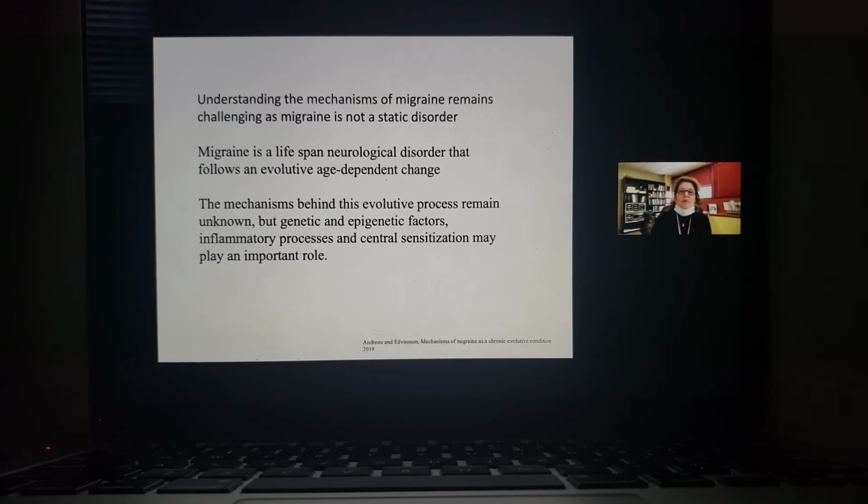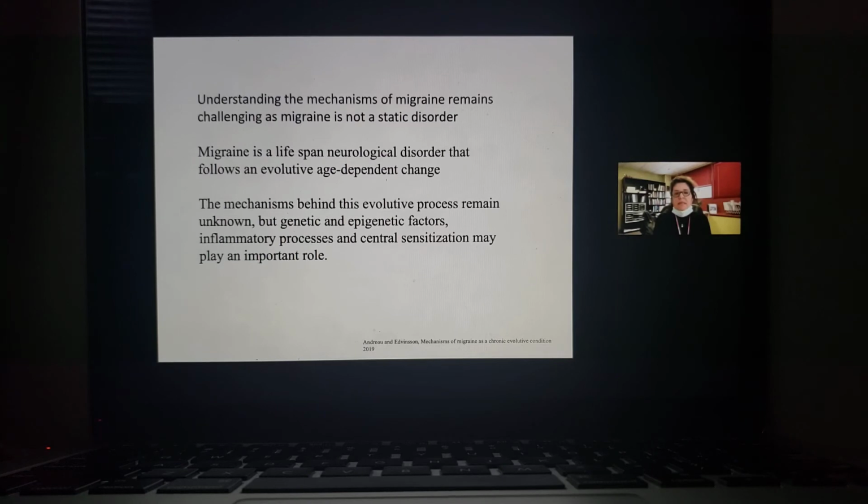But when we try to talk about what causes a migraine, it's really a neuroinflammatory process and an increased central sensitization that the individuals experience and are exposed to, and that's why they are having these horrible headaches.